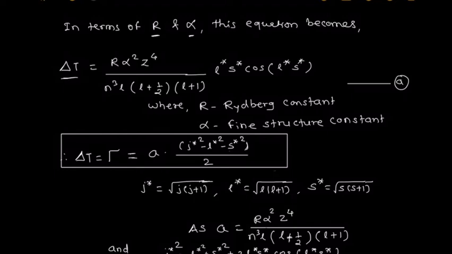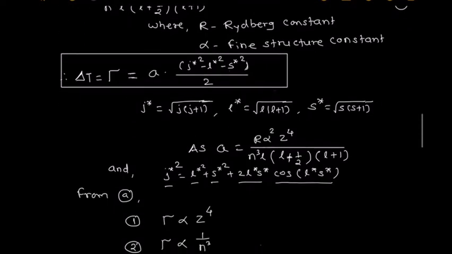Third, the doublet separation also varies with orbital quantum number L. Now what is that variation? The doublet separation decreases with increasing orbital quantum number for a given value of n. Hence all these three features get satisfied by using this semi-classical method or the vector atom model, in which both L star and S star are coupled together, so we can find the term separation between a given level.